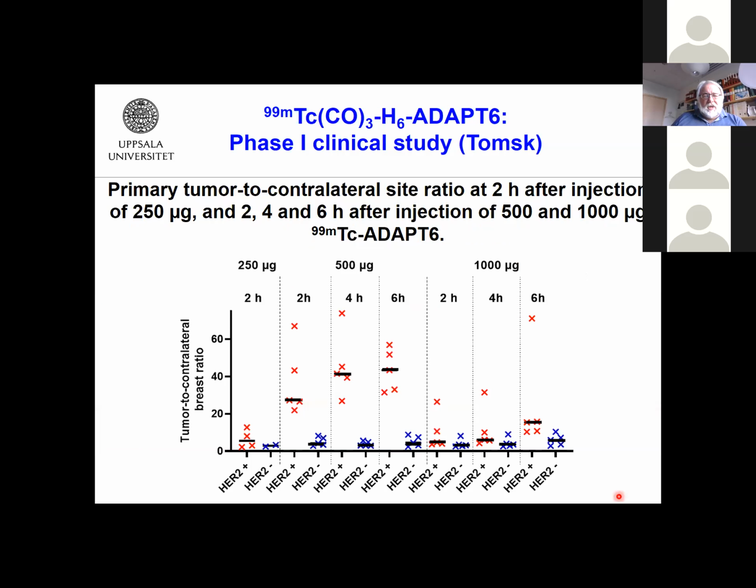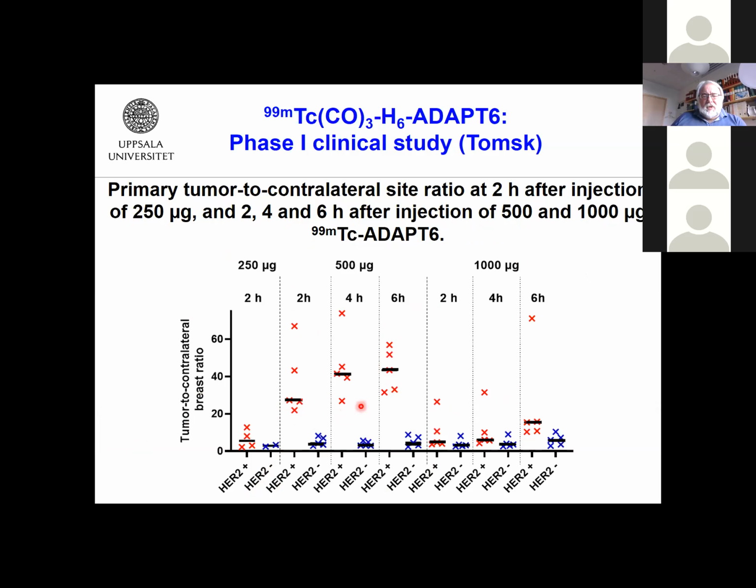So this diagram shows tumor to contralateral breast ratio. It's a common way to identify the clinical parameters, so you measure tumor to background. So red crosses are HER2 positive tumors, the blue ones are HER2 negative.